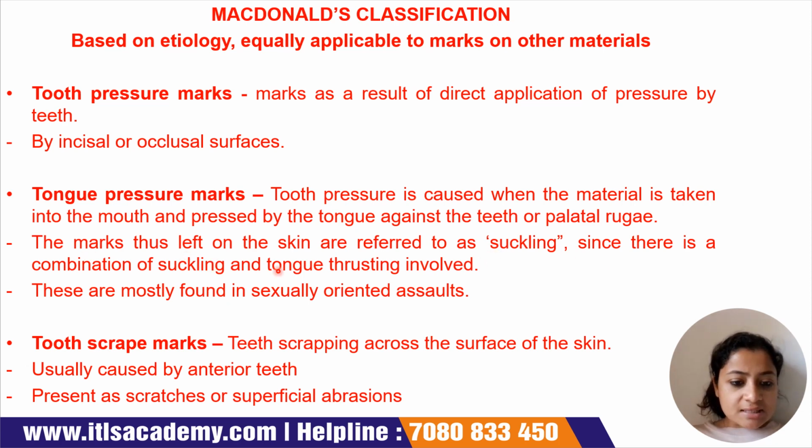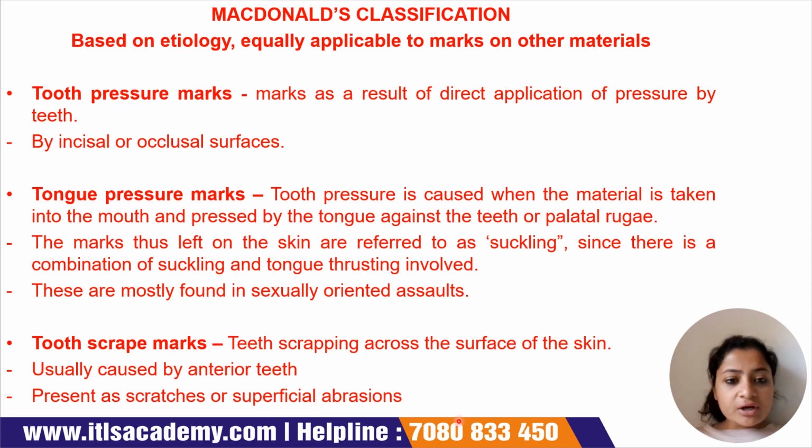The marks thus left on the skin are referred to as suckling, since there is a combination of suckling and tongue thrusting involved. These are mostly found in sexually oriented assaults. And then we have the tooth scrape marks, which is teeth scraping across the surface of the skin. It is usually caused by anterior teeth and is present as scratches or superficial abrasions.